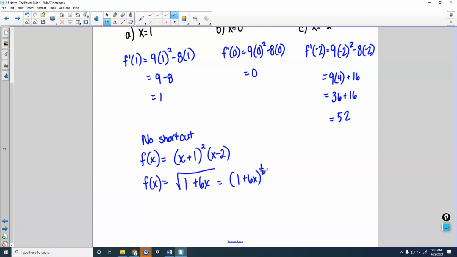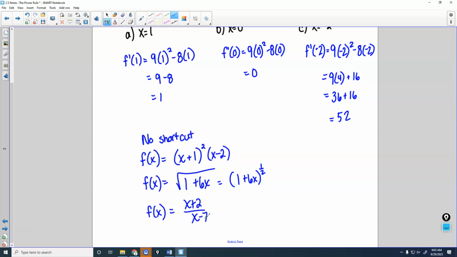So there's going to have to be another rule that we learn about for that. If you have something like this, x plus 2 over x minus 7, something like that, where we've got variables in the numerator and denominator, we're not going to be able to use the shortcut for that either. There are other rules that we're going to learn for those.